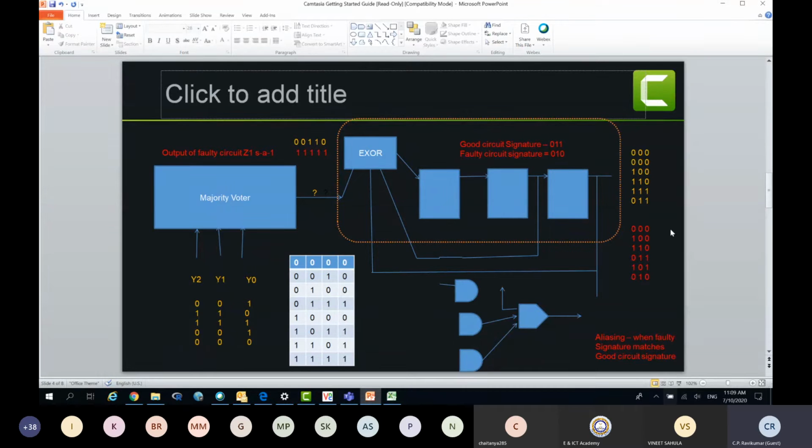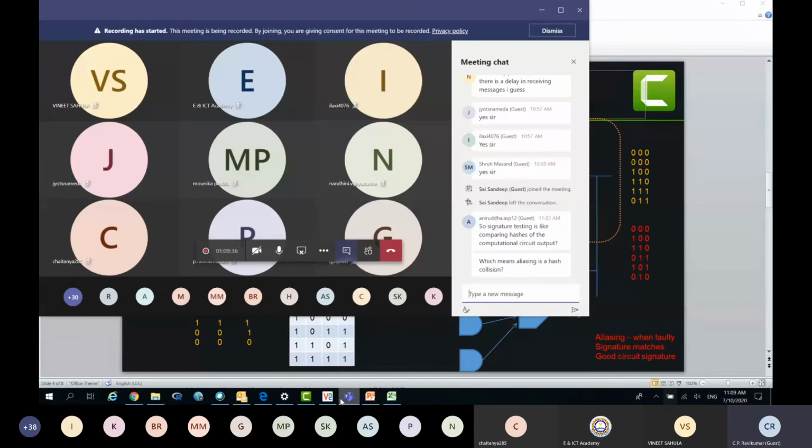In the same way, if the signature is 011, we'll assume that this circuit is good. If the signature is anything other than 011, we'll declare that this circuit has a fault. Any other question? That's a good observation. Hashing is in a way similar. Even two different strings may hash to the same value. Any other questions?